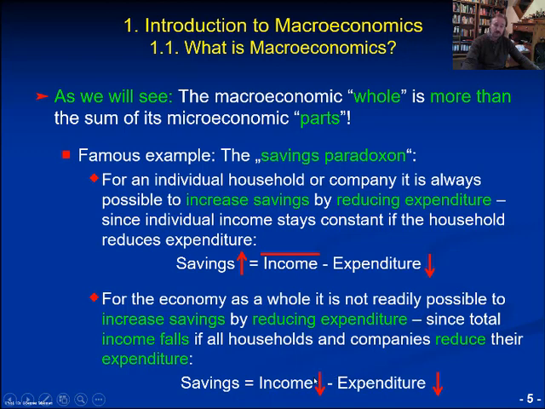And if it falls by the same degree as expenditure, then savings would simply stay constant. So what households expected does not happen, because something unintended happens, namely income falls. We will see this is exactly the case in the Keynesian economy, which we will discuss in chapter 4.